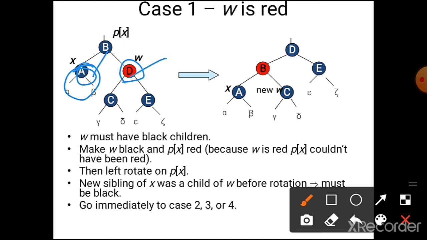We know that if a node has a red parent, its children must be black nodes. Here W is red and its children are black nodes, so we make W black.